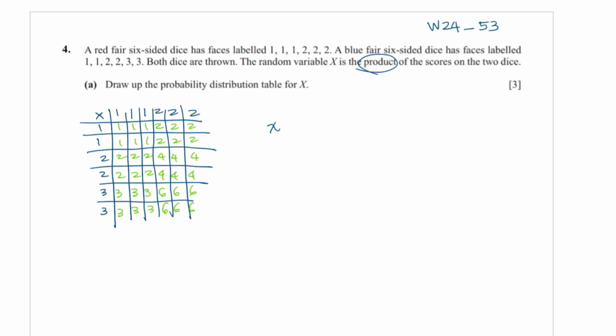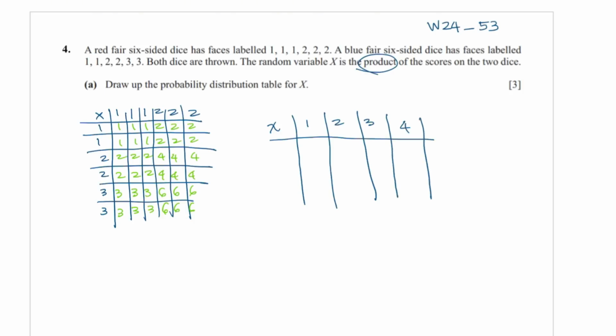So if you write in the probability distribution table, the possible values of x would be 1. You are also able to get 2. You can also get 3. You can get 4, but not 5. You see, 5 is not one of the outcomes. But you can get 6.